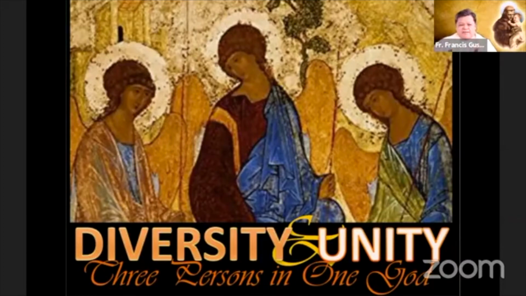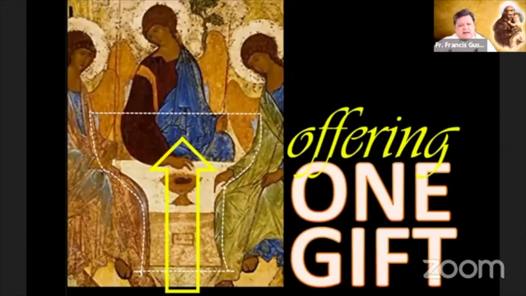Then we started to consider that actually there is an offering, and the offering is Christ Himself. It's a self-offering, and that is the gift of the only begotten Son, because God so loved. So you see a bigger cup in the outline of how this painting was made.